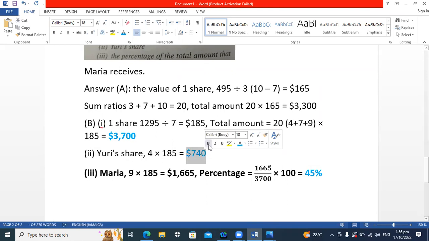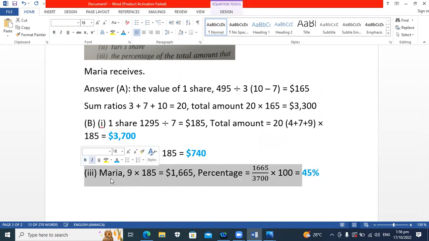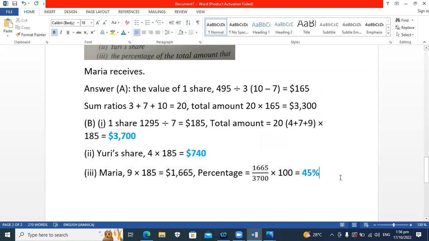That's where I got it wrong. You wouldn't divide right here. Also, when I divided 1,665 by 3,700, I got 0.45 and did not multiply it by 100. Well, to find percentage, you have to times it by 100 here. Yes, sir. All right. Any more questions?